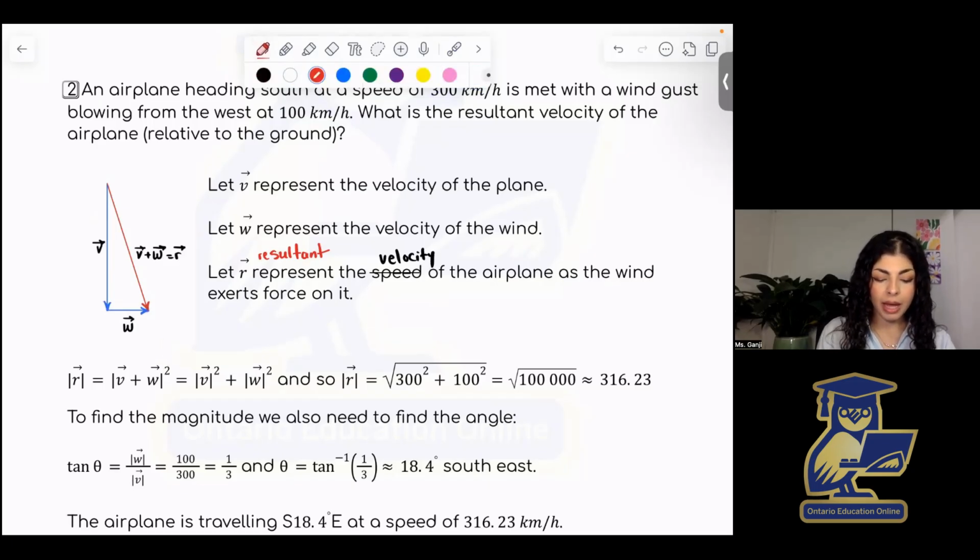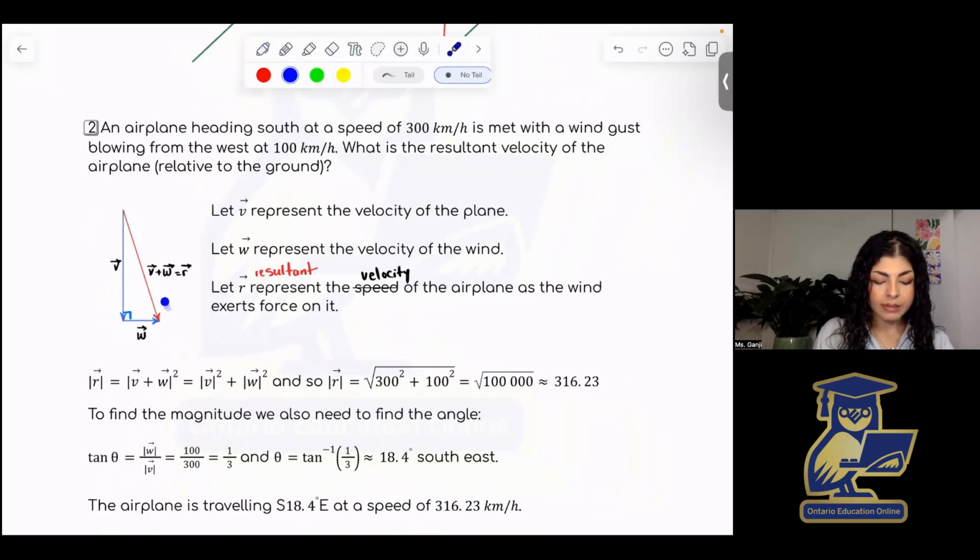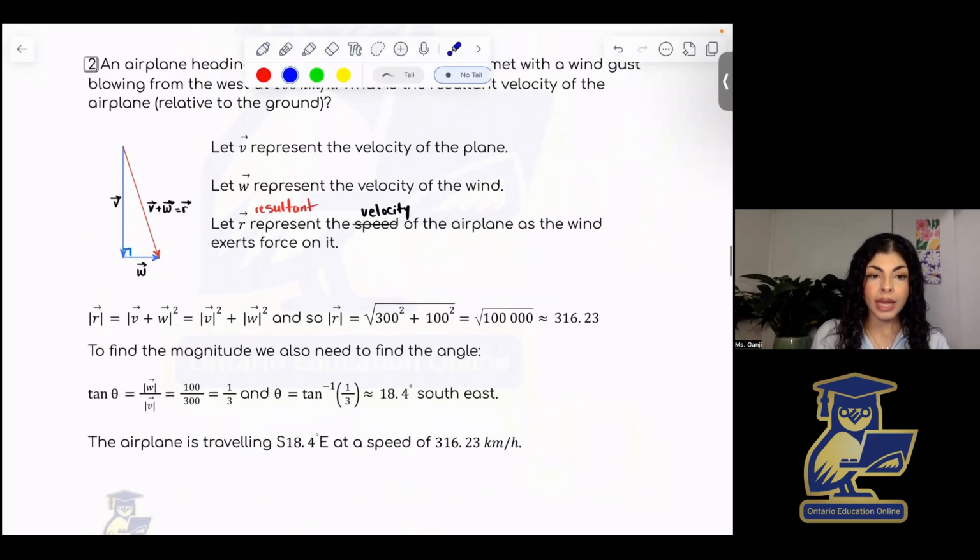Keep in mind, because this was south and this is going east, this is actually a right triangle here. And so our resultant vector is V plus W, which is R. So here, the magnitude of R is going to be the magnitude of V plus W squared.